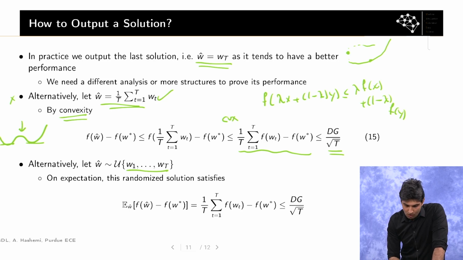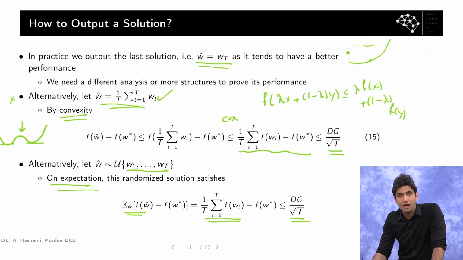Now, in expectation, this randomized solution is going to satisfy the same bound that we found before. The reason for that is that we are outputting the solution uniformly at random, so this expectation is exactly equal to the average suboptimality.